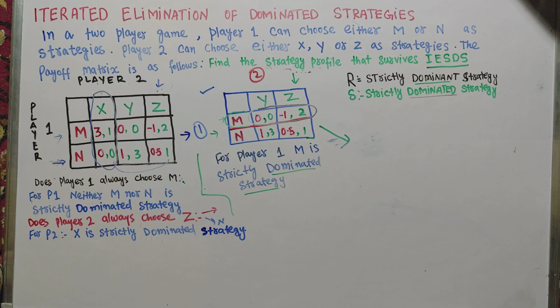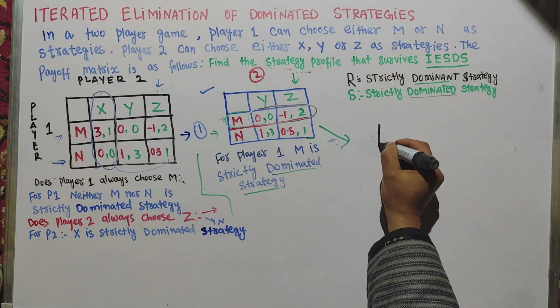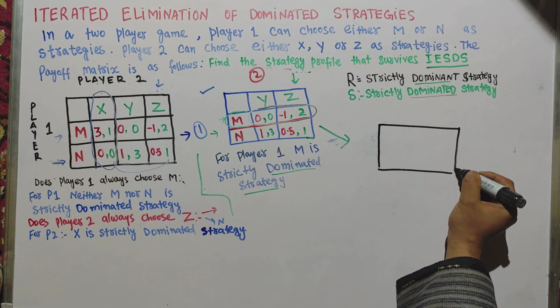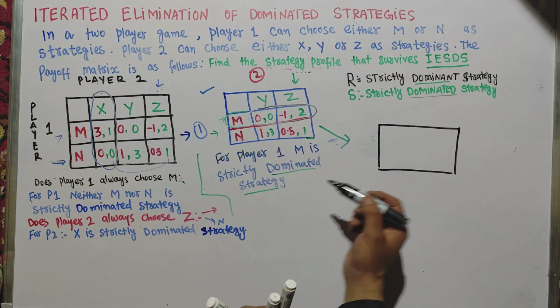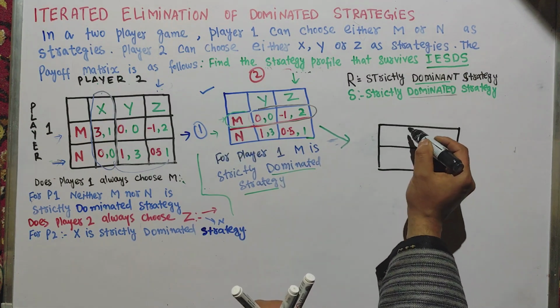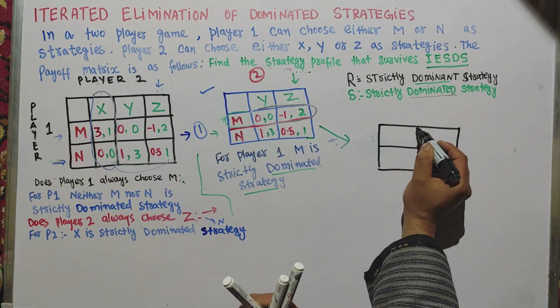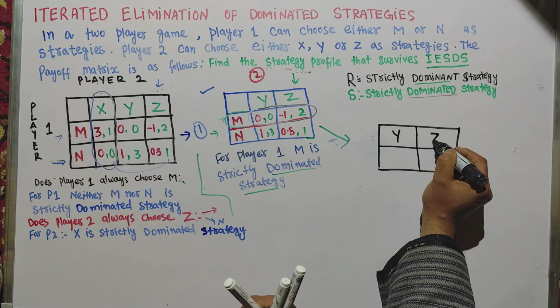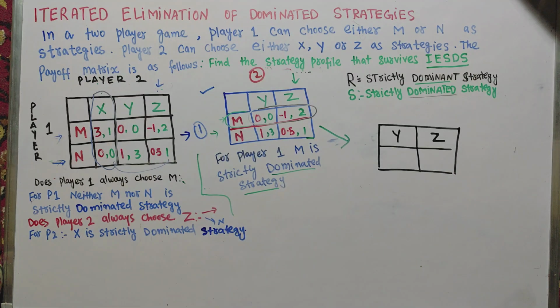Next table will be what we are left with. We have Y and Z, and M is being taken away.